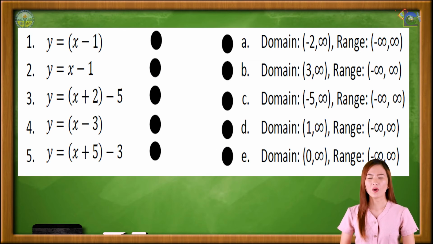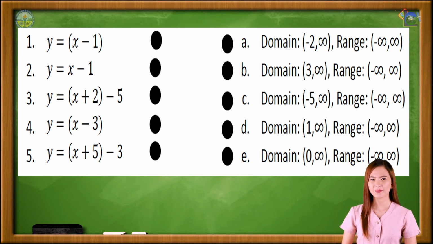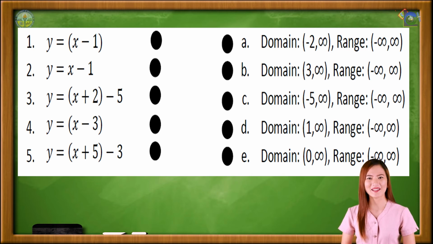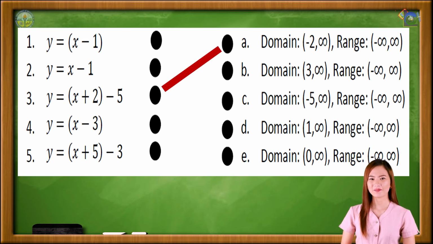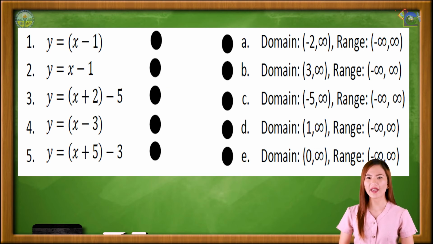3. y equals log of the quantity x plus 2, minus 5. The correct answer is letter A. 4. y equals log of the quantity x minus 3.